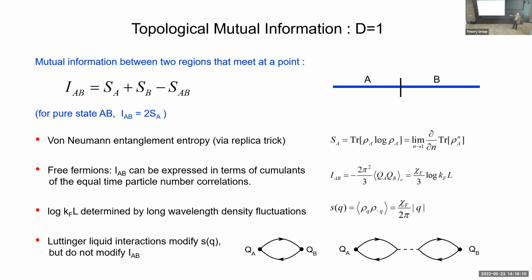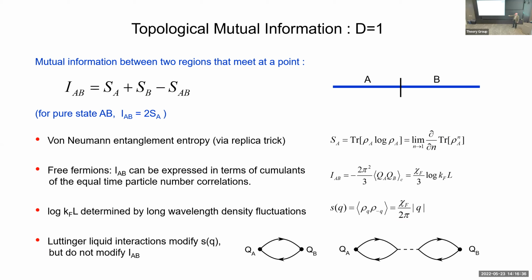Basically there's an expansion in powers of the charge in regions A and B, and moreover the log is contained in the first term of that cumulant expansion. So you only need to keep the first non-zero term, and that gets the universal logarithmic behavior.